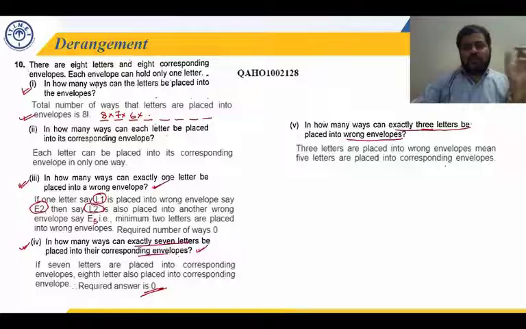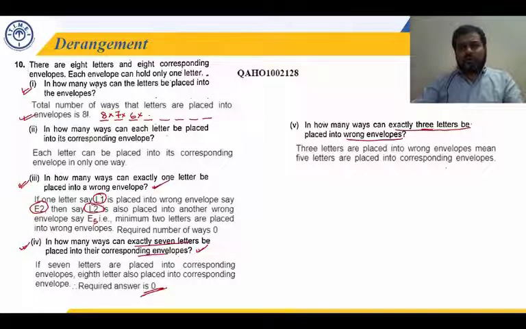Okay. So you can think of it from a different perspective. Since you are saying 3 letters are placed into wrong envelopes, it by default means that the remaining 5 are getting into correct envelopes. Why? Because it says exactly 3.